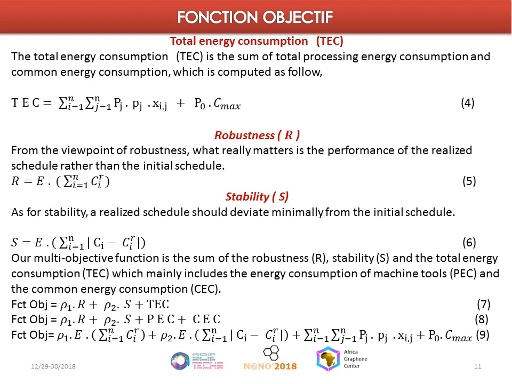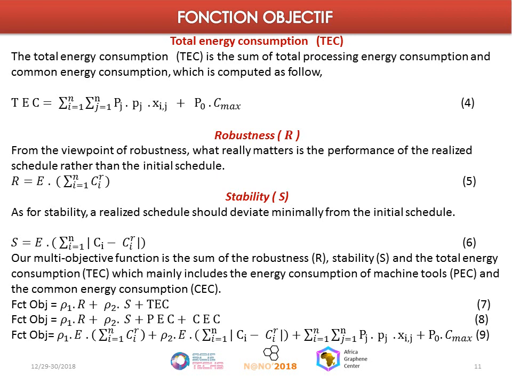From the viewpoint of robustness, what really matters is the performance of the realized schedule rather than the initial schedule. Thus, the expected realized performance of the system is used as the robustness measure in this presentation. As for stability, the realized schedule should deviate minimally from the initial schedule.